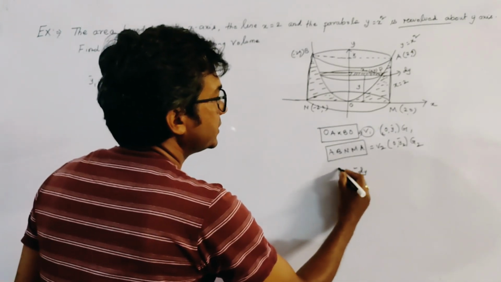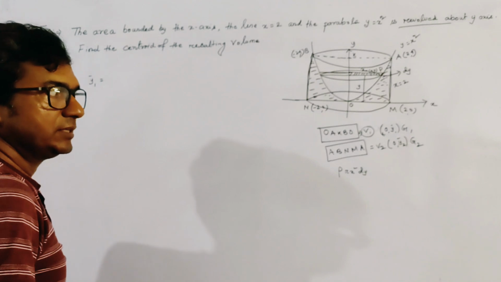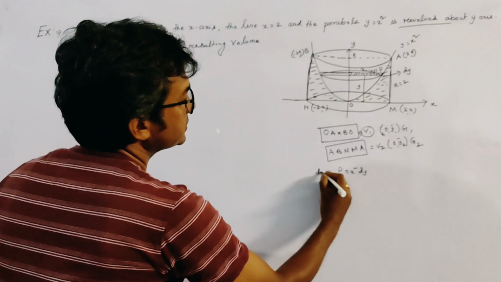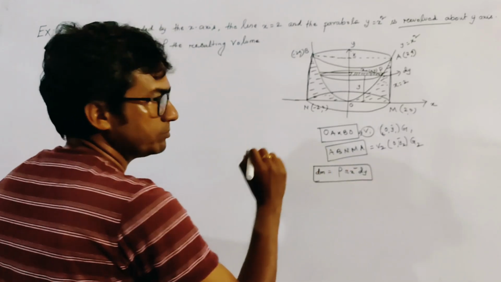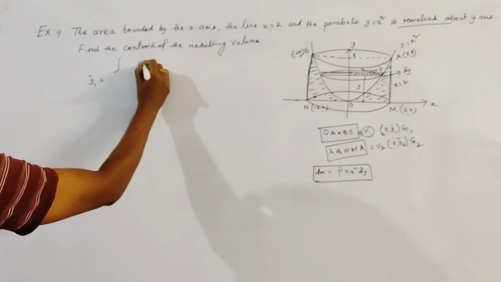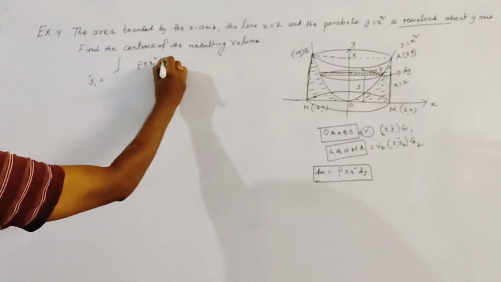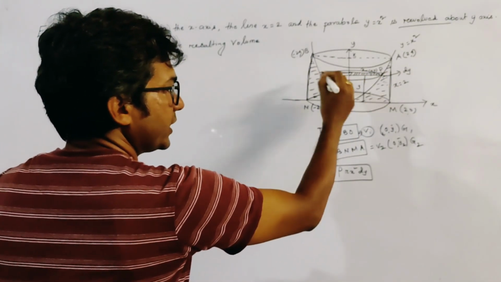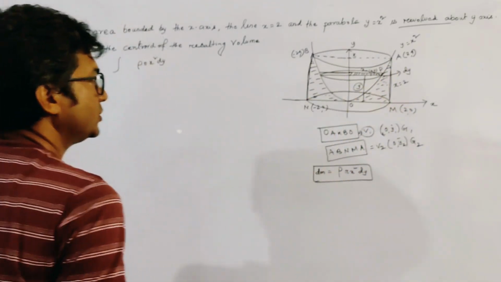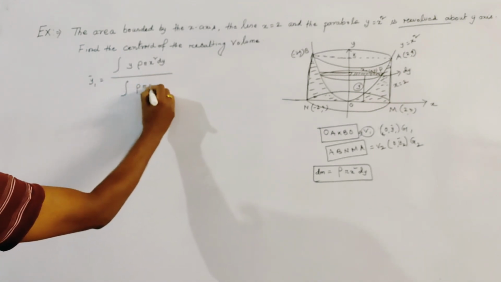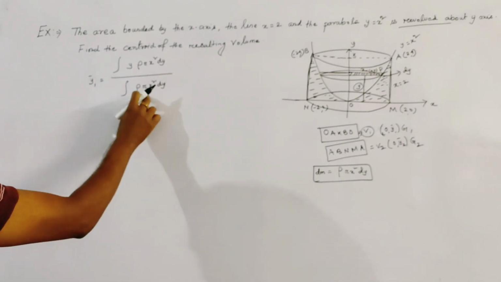If we multiply it by rho, the density, then we get the mass, and this is the elementary mass for our problem. So we write here integration of rho pi x square dy, and the distance of this circular ring from the x-axis is y, so we multiply by y. In the lower integration we write only rho pi x square dy, that is the total mass.